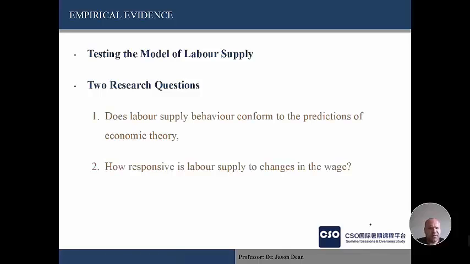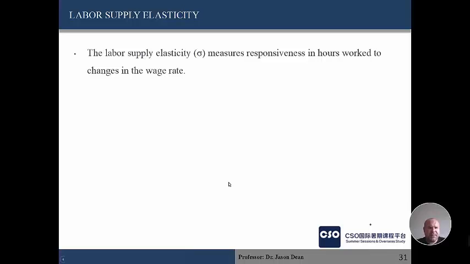Does labor supply behavior conform to the predictions of economic theory? And how responsive is labor supply to changes in the wage? So basically we're going to look here at labor supply elasticity. Labor supply elasticity measures the responsiveness in hours worked to changes in the wage rate.